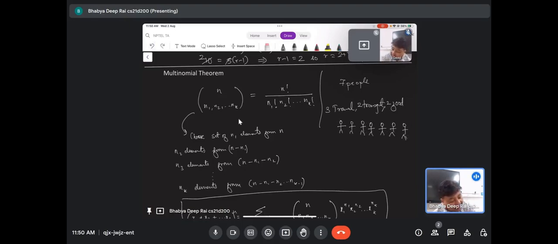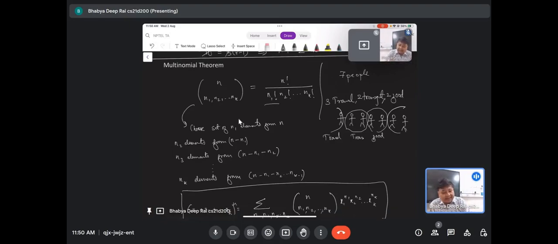Another way would be to choose these 2 for transport, these 2 for food, and this for travel. Travel, transport, food. Okay, and so on. I want to find how to pick those people. So the formula for such a case is this.